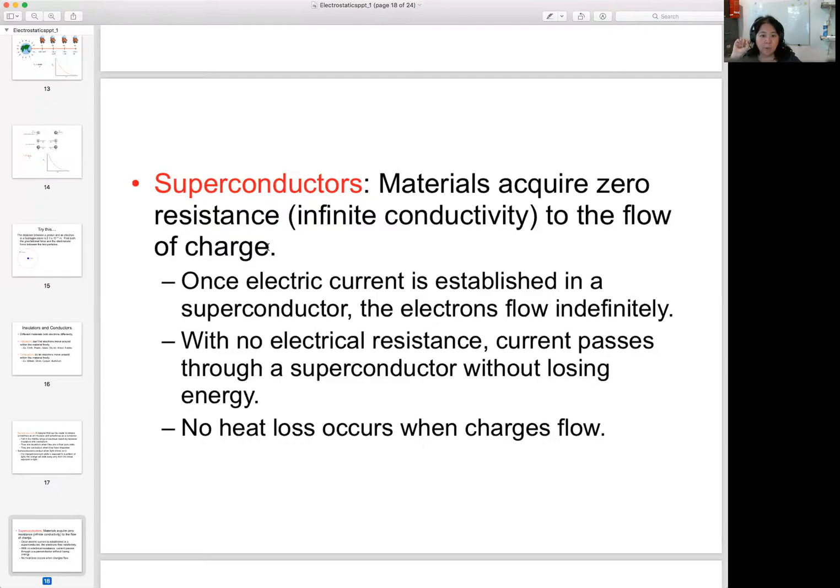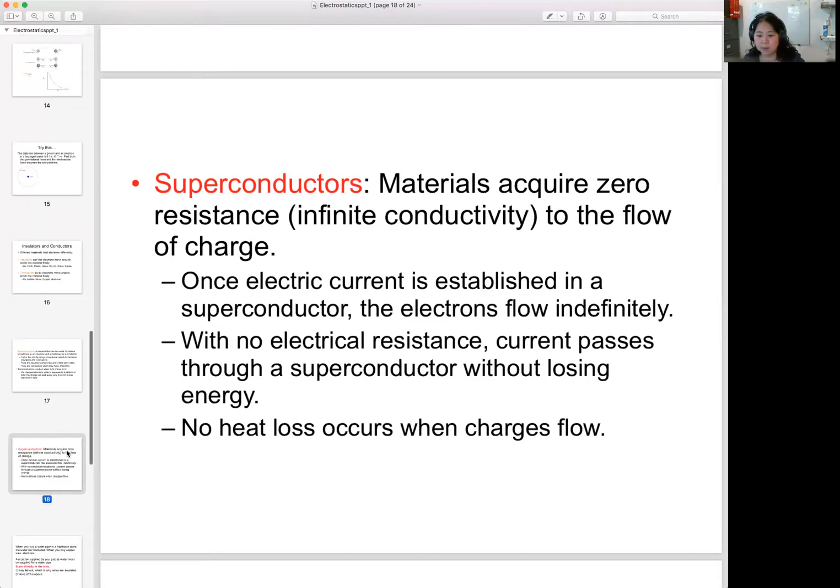Once you have a flow of electrons in a superconductor, it's never going to dissipate. It just keeps going, going, going. And that's called superconductors. You have no loss of heat energy, and zero electrical resistance.